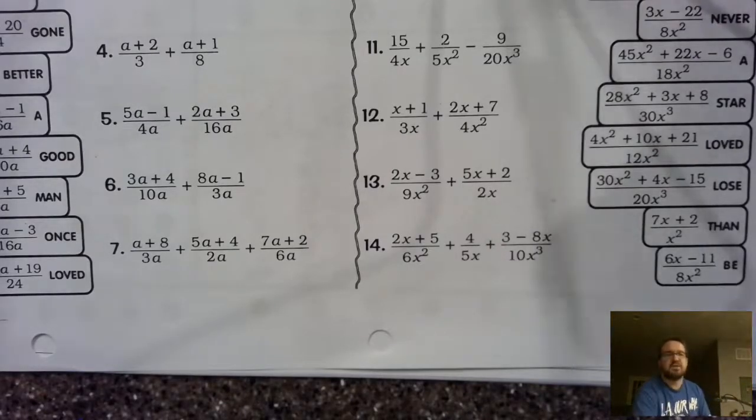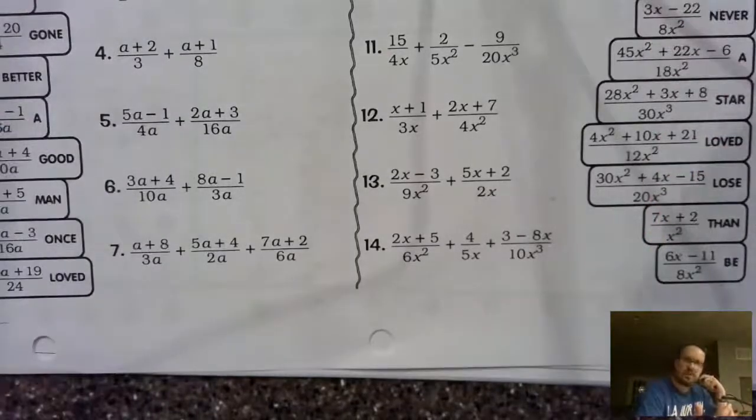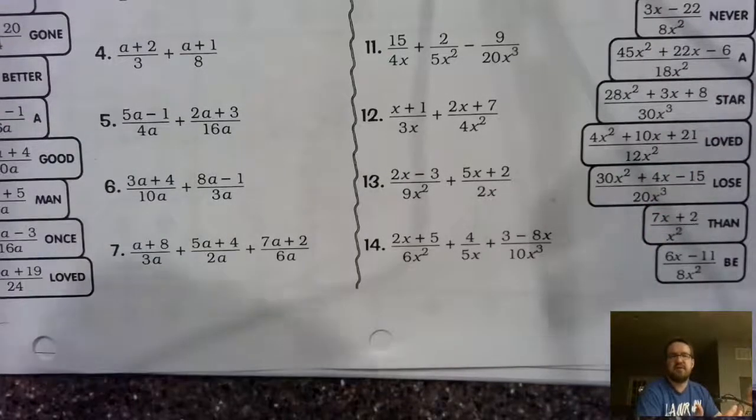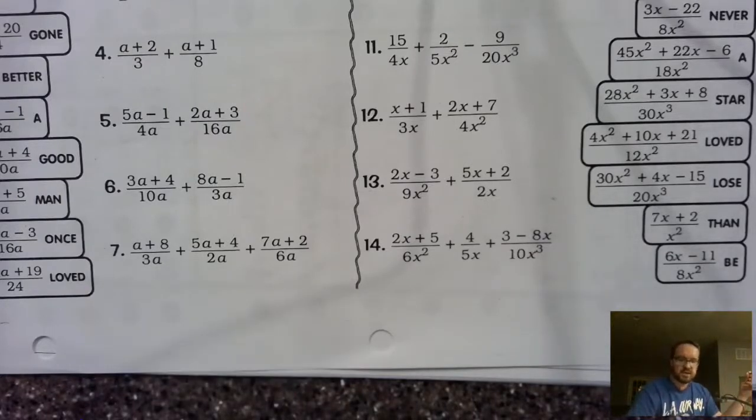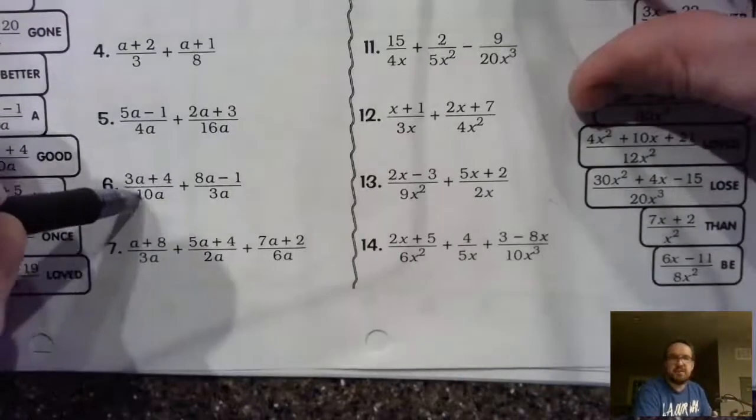All right. So I wanted to start with one that at least had some variables on the bottom, even if we didn't have to use variables or letters in some of that common denominator. When we're taking a look at this, we have, again, number 6, 10a and 3a, right?